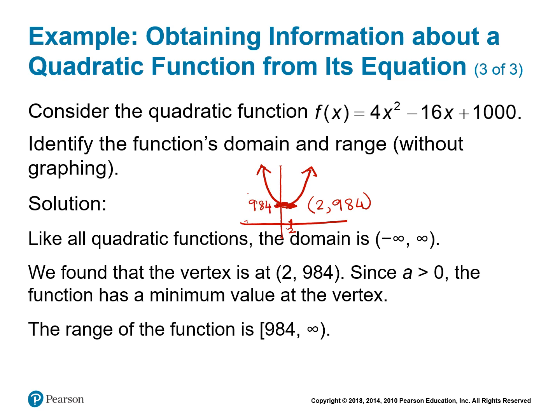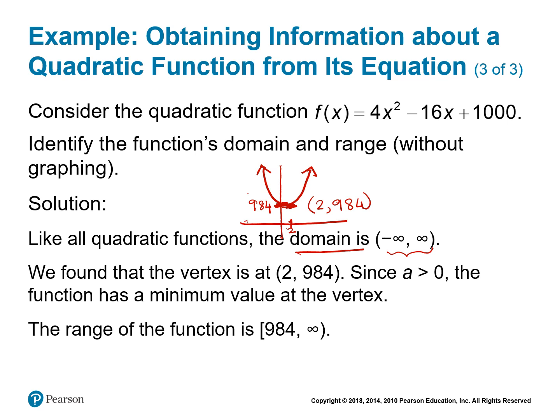It's not a properly scaled graph, so let's just assume that's where positive 984 on the y-axis is. Since the graph extends indefinitely on both ends, we say the domain, which means all the possible x values that can be input into this function, extends from negative infinity to positive infinity. X can take on any value which is a real number.